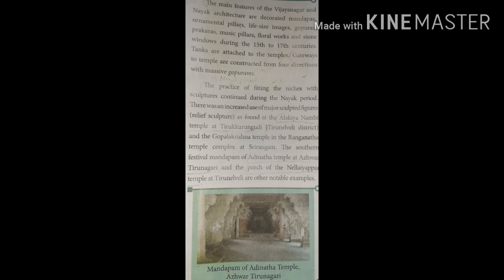Azhagiyar Nambi temple at Tirukurankudi, Tirunelveli district, and Gopalakrishna temple in the Ranganatha complex at Srirangam. The southern festival mandapam of Adinatha temple at Alvar Tirunagari and the portico of Nellayappar temple at Tirunelveli are other notable examples of the architecture of the Vijayanagar epoch.